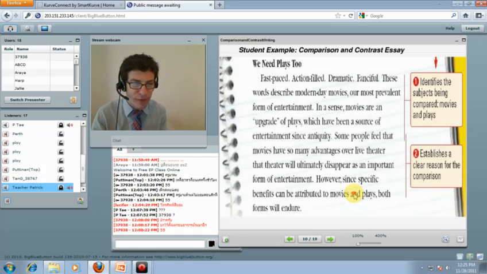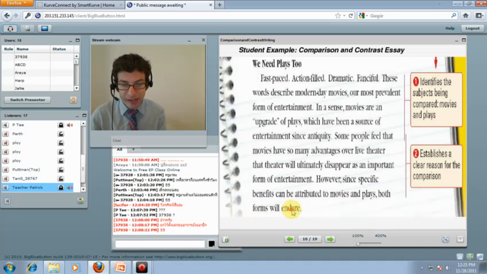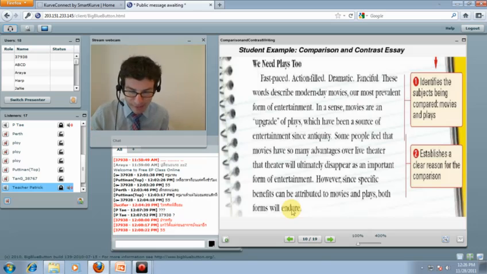Attribute means feature or something about it. And our point, remember how we always have to make a point, is that both forms will endure, which means both will continue. One isn't going to stop and the other one continue. Both are going to continue. That is the point of our essay. That is what we're proving by comparing and contrasting.